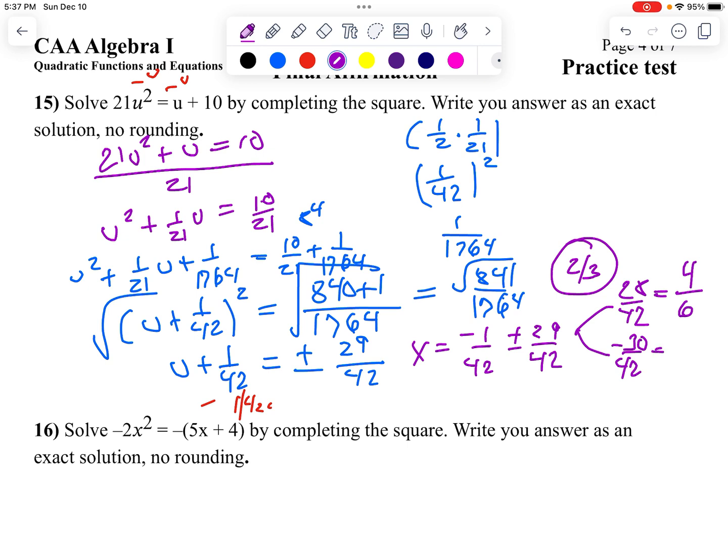And I know 6 goes into both of those, so I'll get negative 5 over 7. So my exact answers are u equals 2/3 or negative 5 over 7. Ugly numbers with completing the square on this problem.